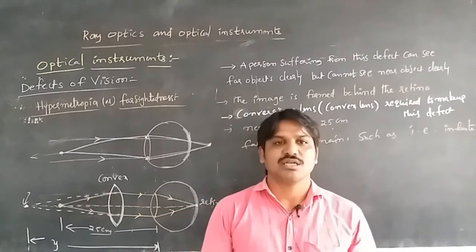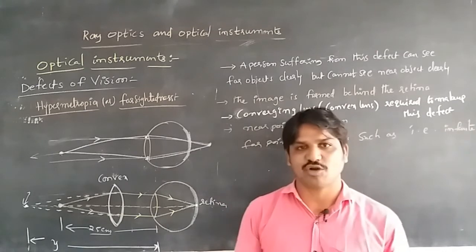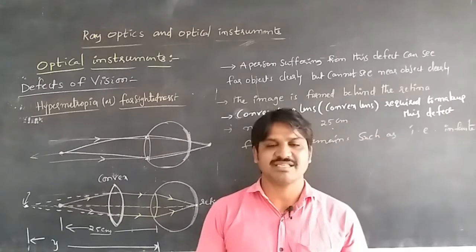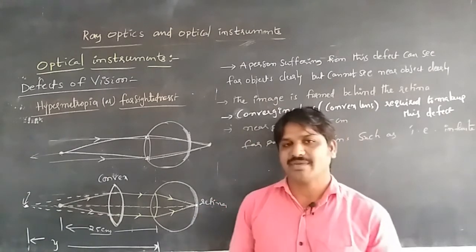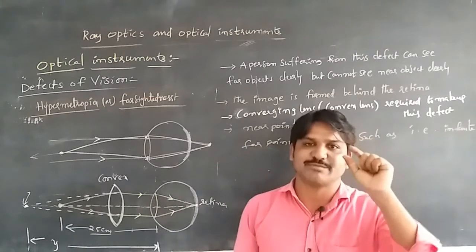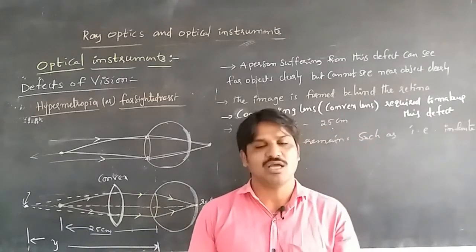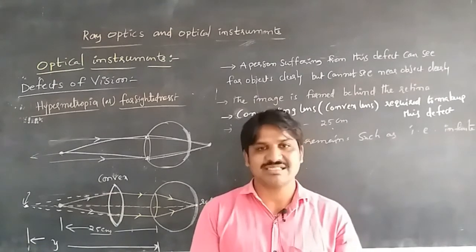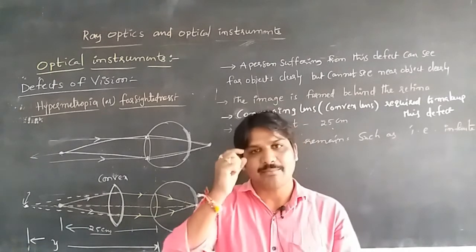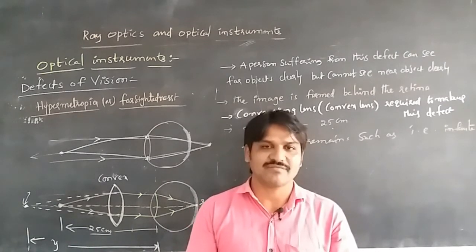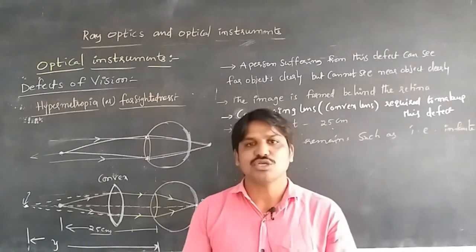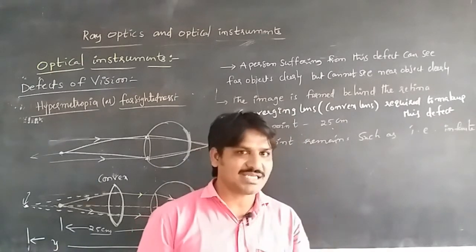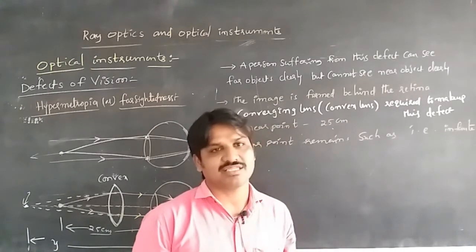To reduce this problem we should use bispectacles, bi-lens spectacles, where the upper layer of the spectacles must be concave and the lower convex to reduce this defect.